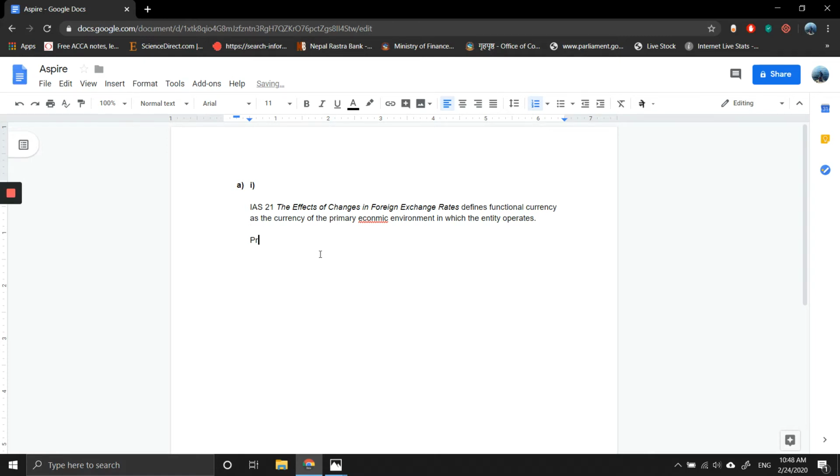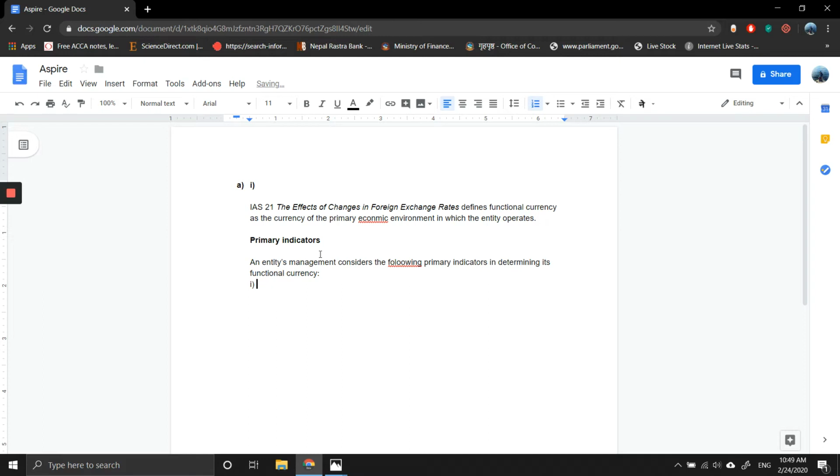The primary indicators, or primary factors, are those an entity's management considers in determining its functional currency.